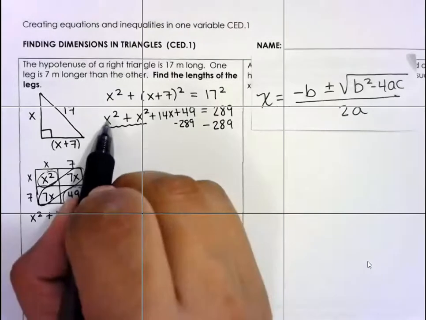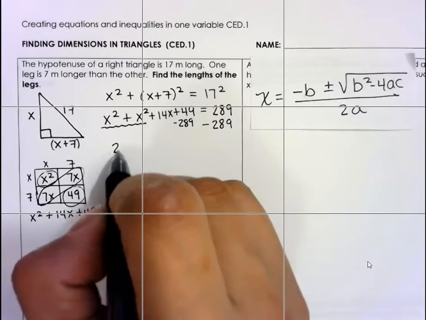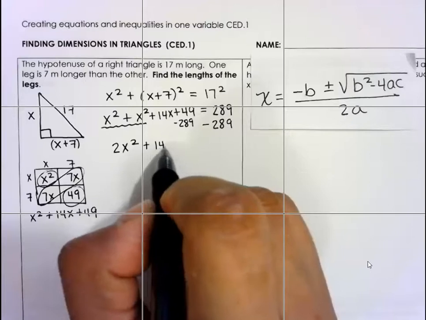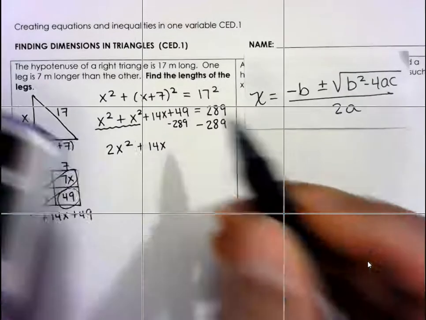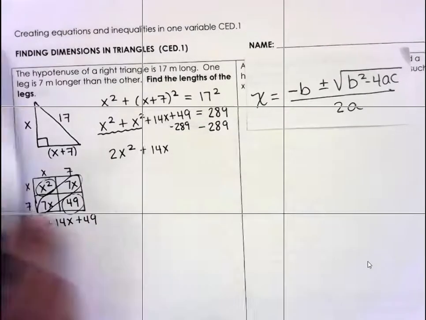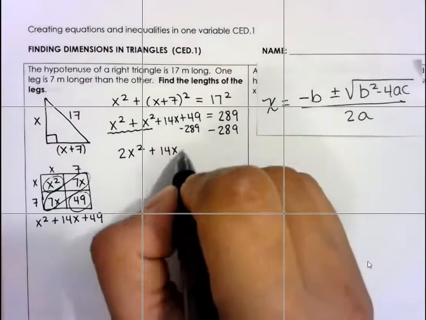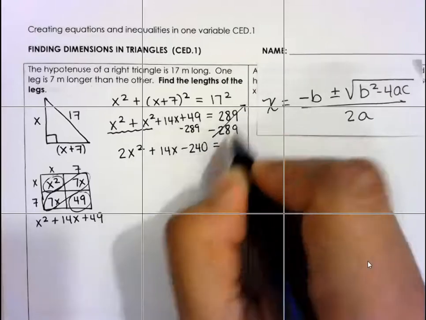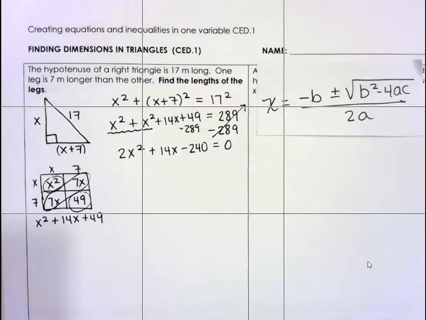Alright, here I go. X squared and x squared is 2x squared plus 14x. 49 minus 289 is negative 240, equals 0.